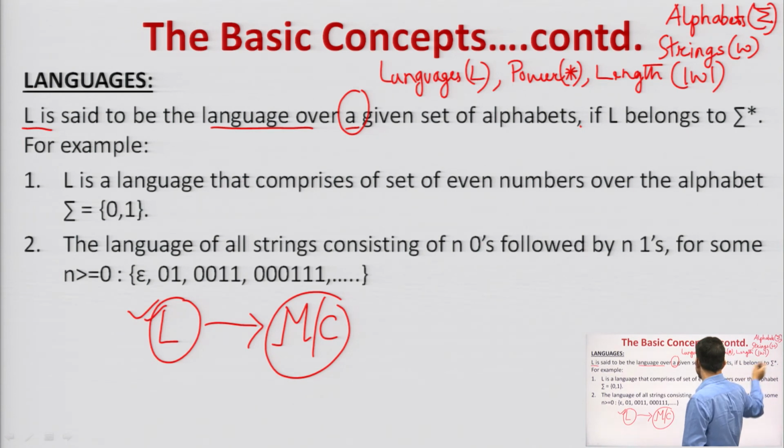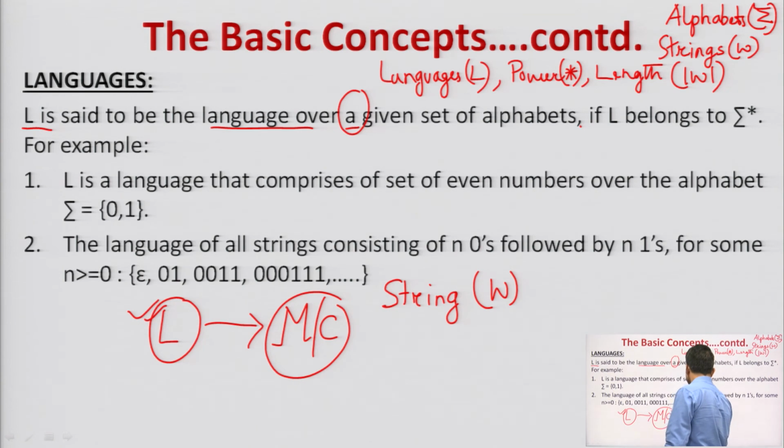If I have a string, denoted by w, definitely this string comprises alphabets. And alphabets to the power star represents the universal set of strings. So a language can be defined over this universal set of strings with the help of certain rules, and then you can design the particular machine.